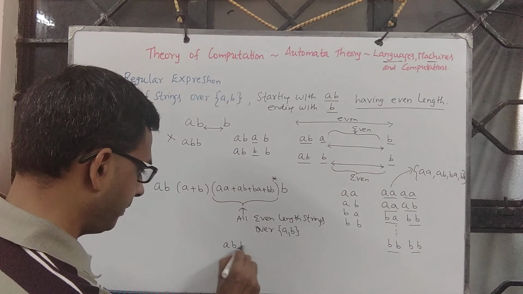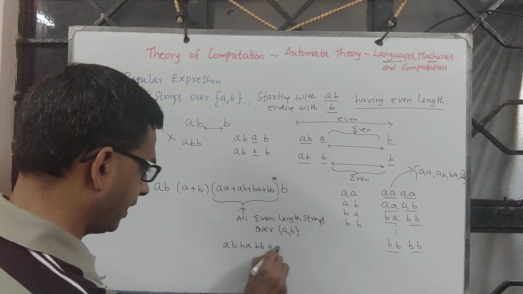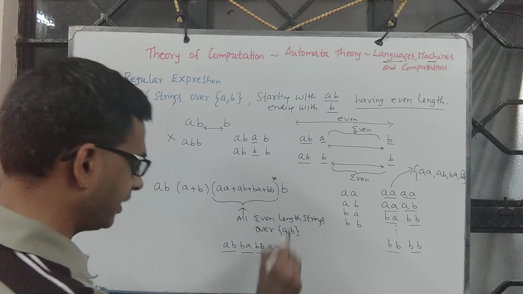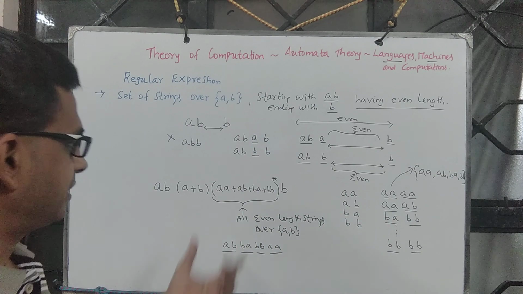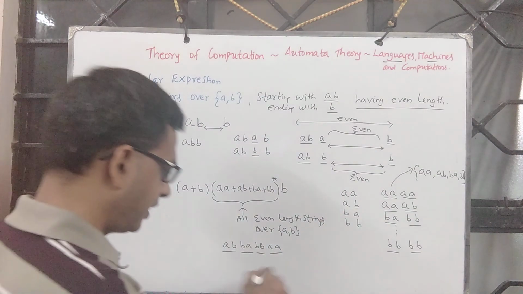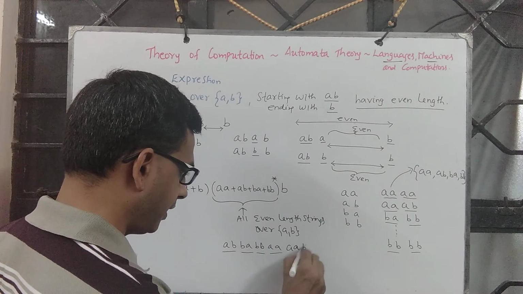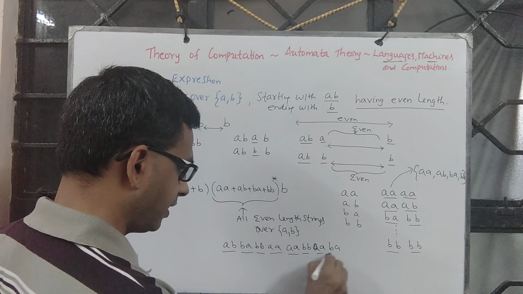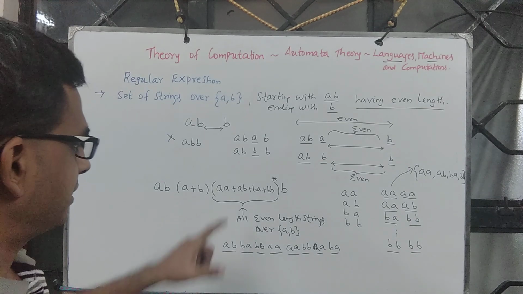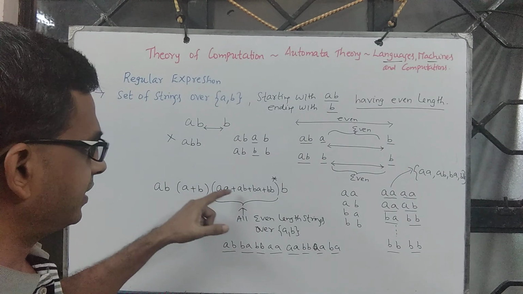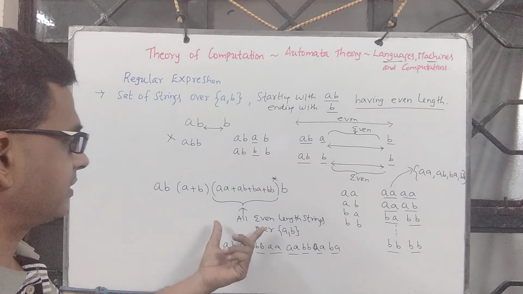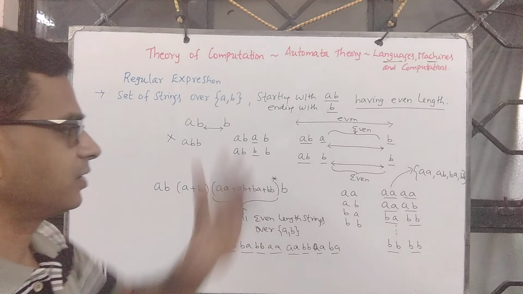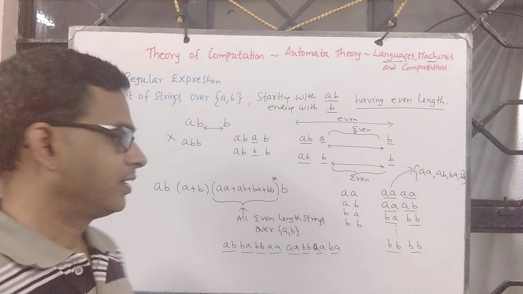You look at AB, BA, BB, AA. Then if you pair them, you can generate from this and you can repeat this. You can have AA, BB, AA, BA. Which means a star introduced to this will give you even length strings over A comma B, and this satisfies what we want. That's all.